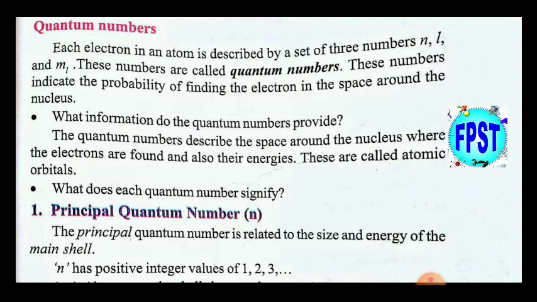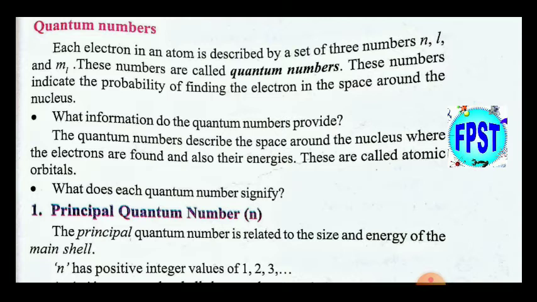That means simply we can say that these quantum numbers give the address of the electron in an atom, means in which shell, in which subshell, and with which special property, and the spin will be known with the quantum numbers.